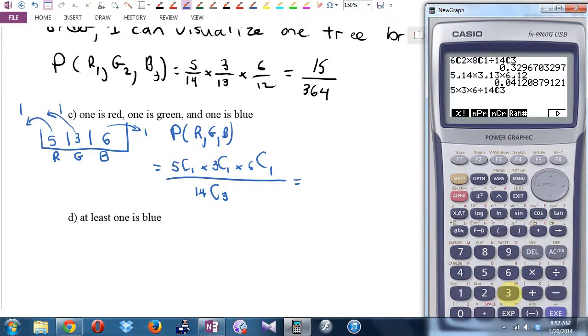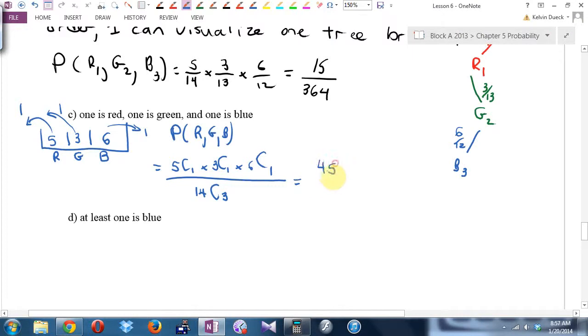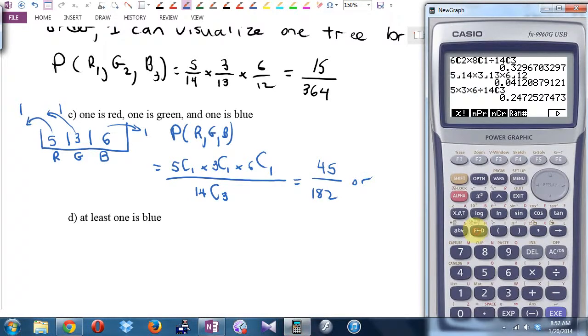And a choose 0 was always a 1. I get, as a fraction, 45 over 182. Or as a decimal, 0.2473 if I round off properly.